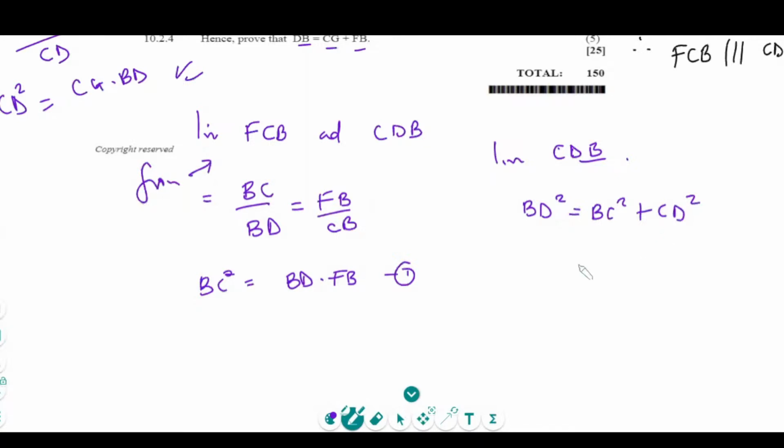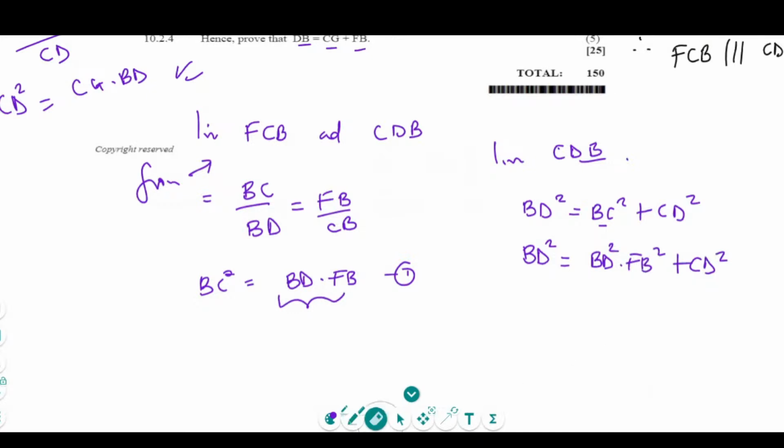Then we know that BD squared is equal to BC squared, which is the whole of this from equation 1. So I can say BD squared is BD times FB plus the CD squared. Is that true?